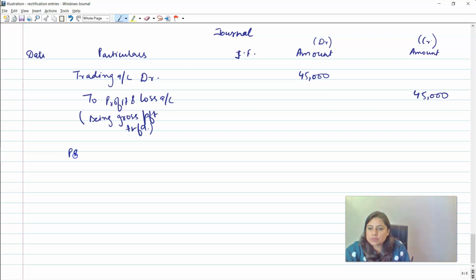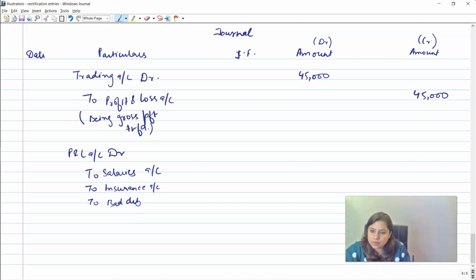So profit and loss P&L account debit to, so we have salaries, we have insurance, we have the bad debts, and the discount that we have allowed on our products on the sale of such goods.